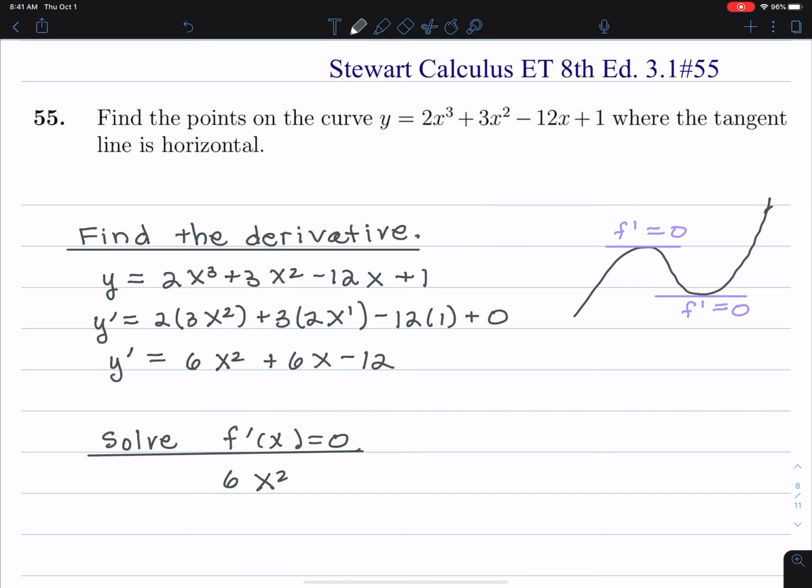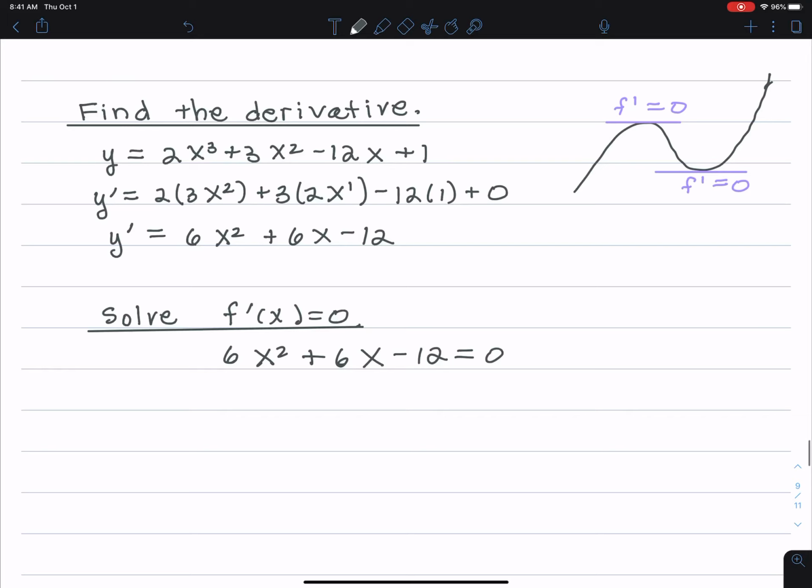Now, this leads to a problem where I factor. It's definitely possible that I could use the quadratic formula because this is a quadratic. But I really think factoring will be easier for me.